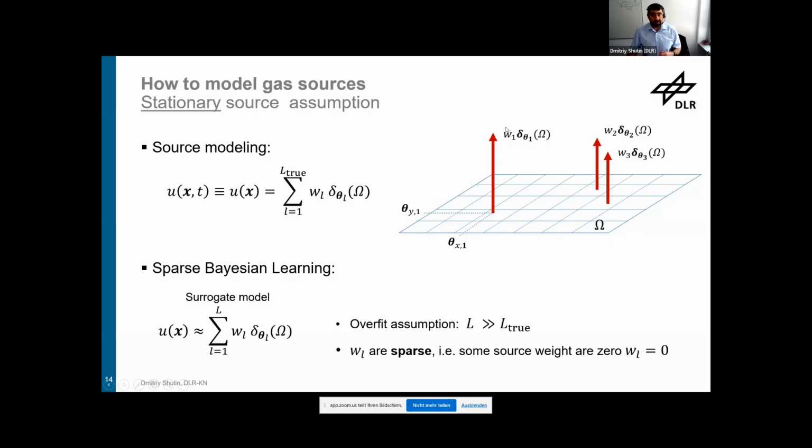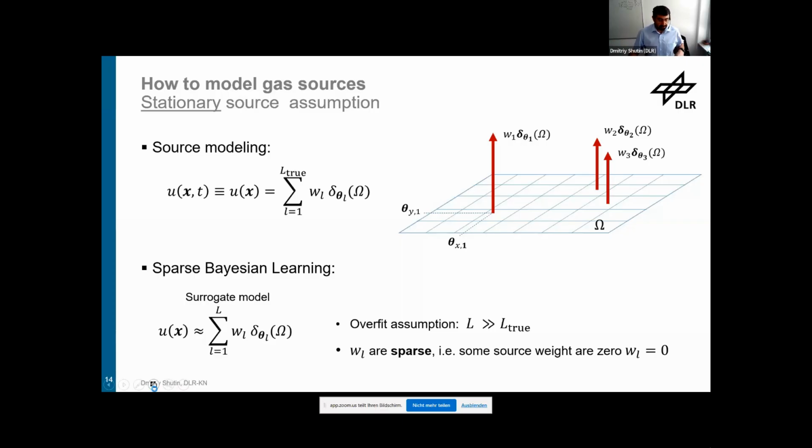The scaling of my delta impulse tells me how much material this source puts into the atmosphere. Think of it as a release rate: how many milligrams of CO2 a particular source outputs into the atmosphere at the particular location theta 1.